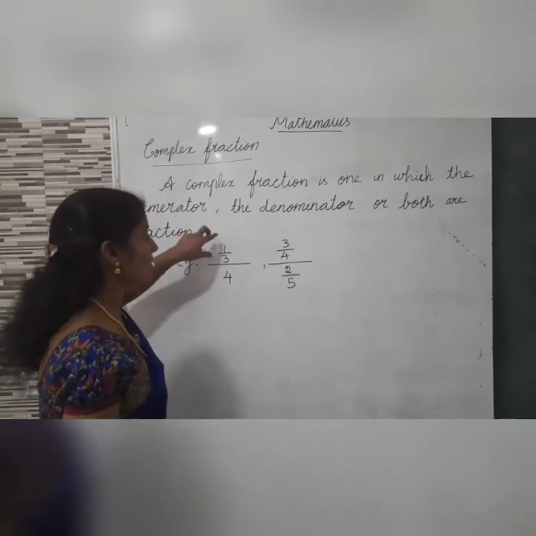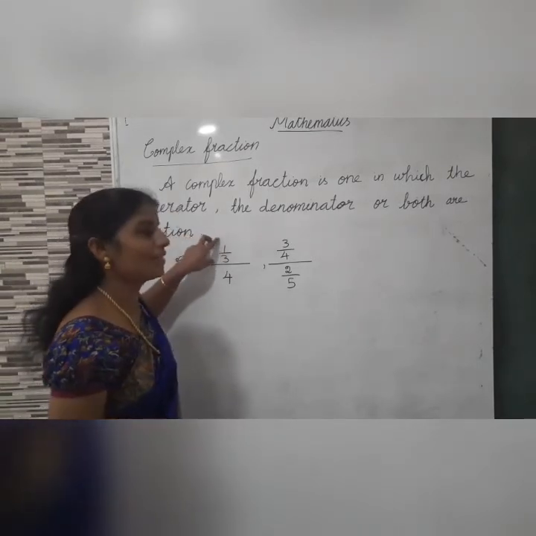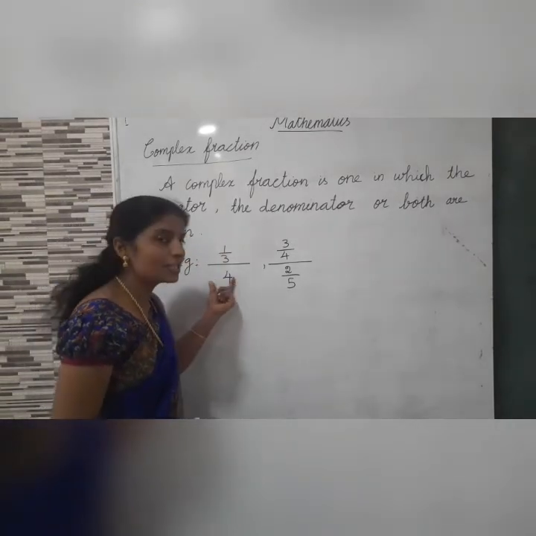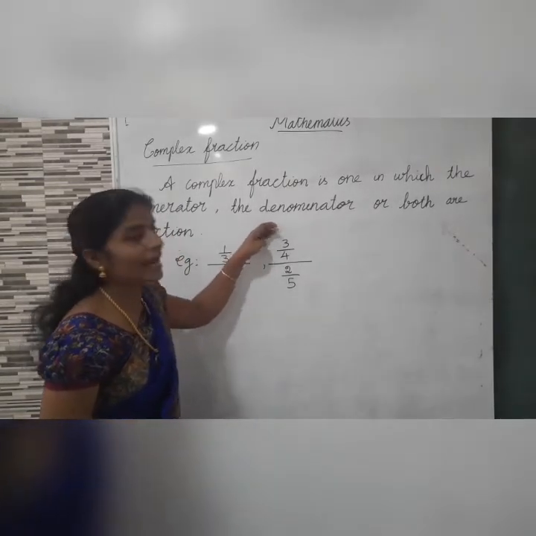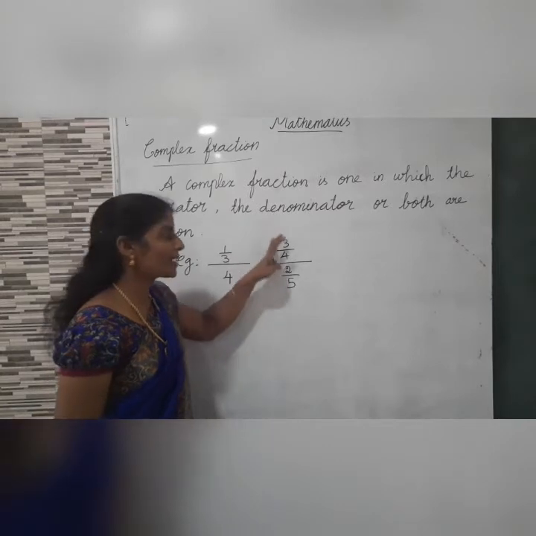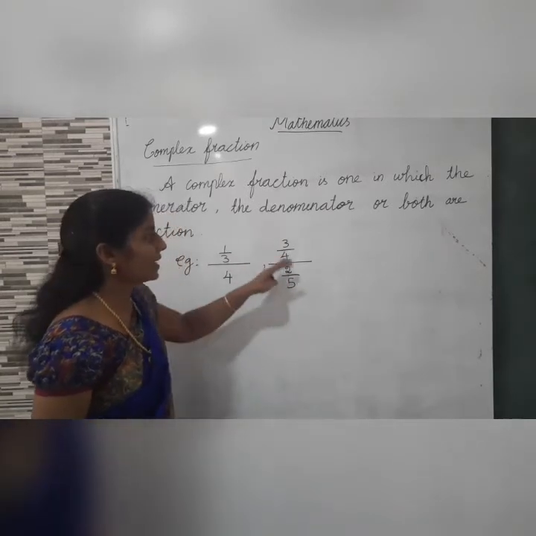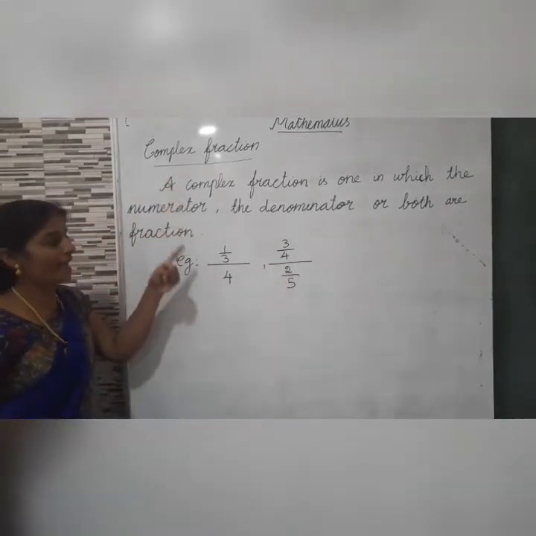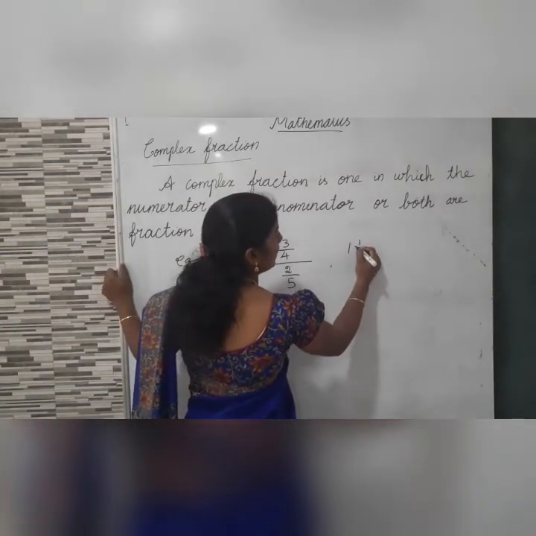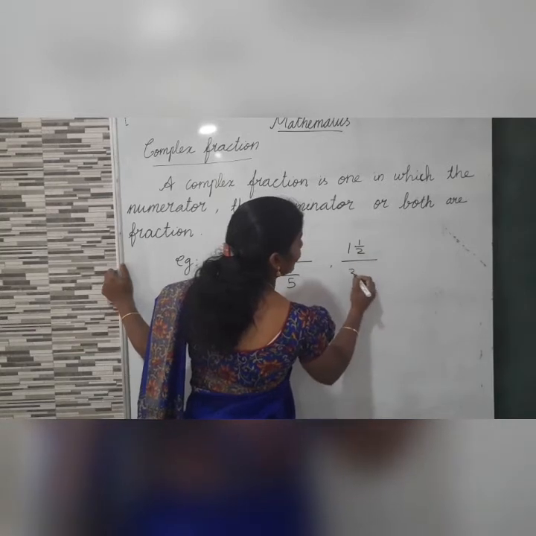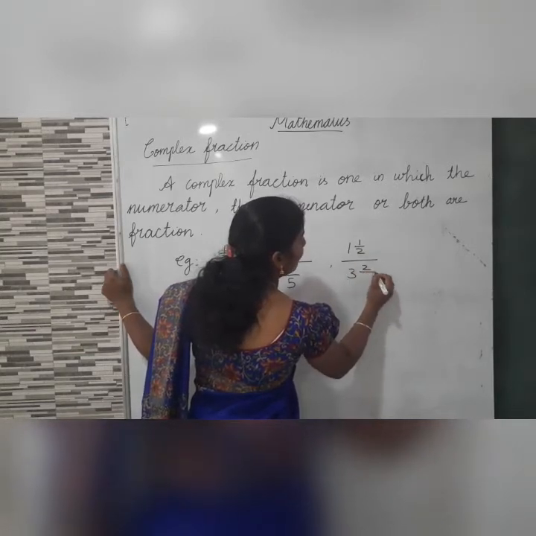Suppose the numerator is in fraction form, otherwise only the denominator is in fraction form, otherwise both numerator and denominator are in fraction form. This fraction is called complex fraction. Mixed fractions also, for example 1 by 2 divided by 3, 2 by 5.